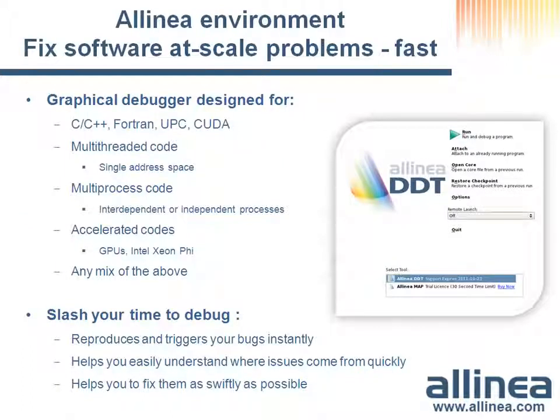Allinea DDT is a graphical debugger that has been designed for C, C++, Fortran, UPC and CUDA codes, and that can work with all the new accelerated environments like GPUs and more recently Intel Xeon Phi. The purpose of Allinea DDT is to slash the time to debug. Thus, we can very easily reproduce and trigger the errors that you face, understand where those errors come from, and help you to fix them very quickly.